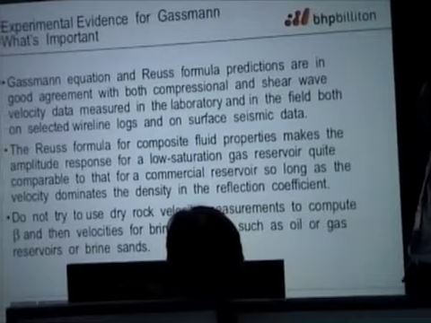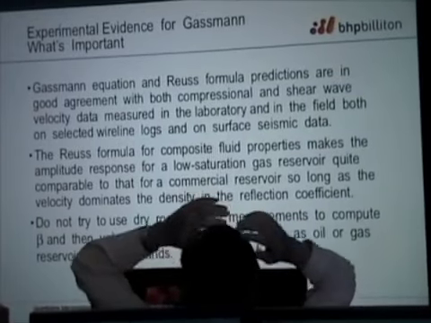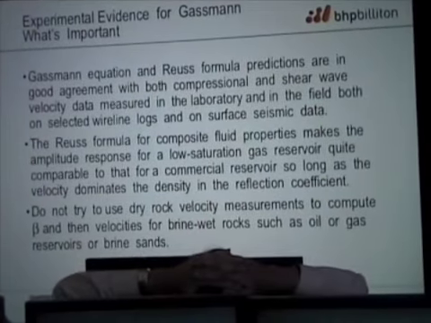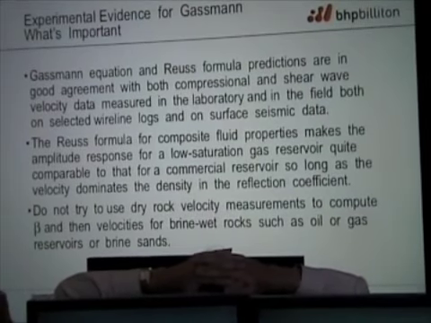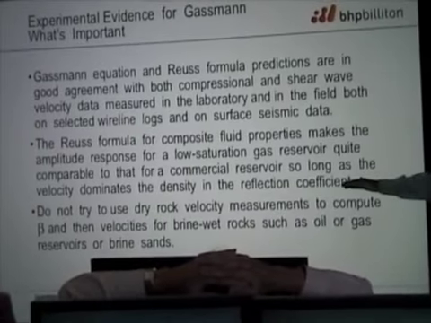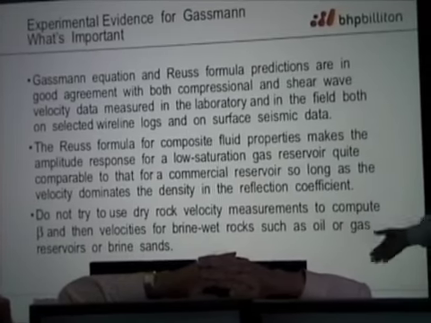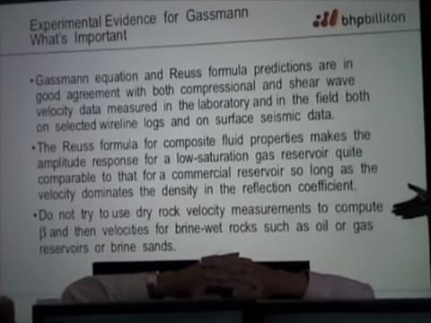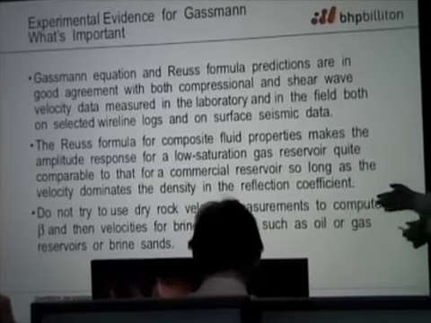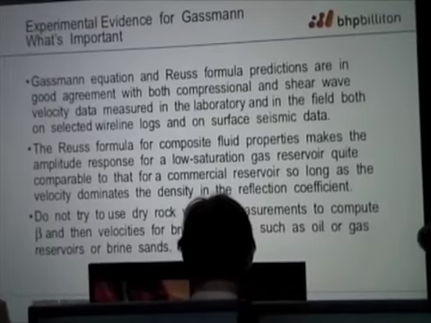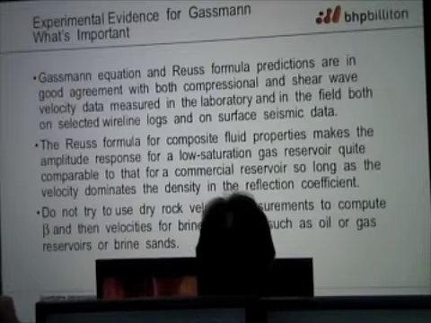The Wyllie formula for composite fluid properties makes the amplitude response for a low saturation gas reservoir quite comparable to that for a commercial reservoir, so long as the velocity dominates the density in the reflection coefficient. We talked about that earlier, right after lunch, when we talked about the suspension formula and the effect on the bulk modulus, and how that would cause, in the Gassmann fluid substitution calculation, low saturation gas to look like a commercial reservoir. We're going to see it again in the next lecture, one last time.